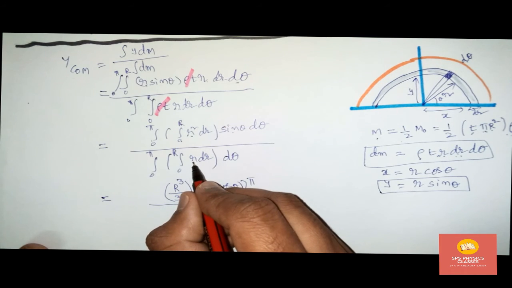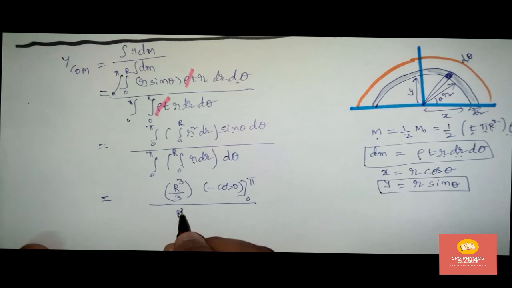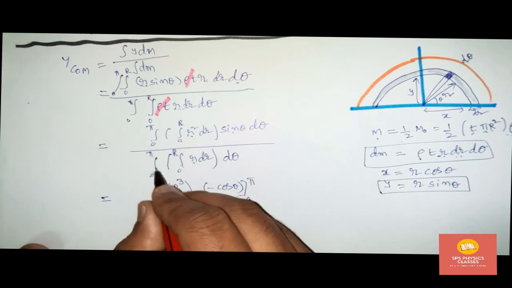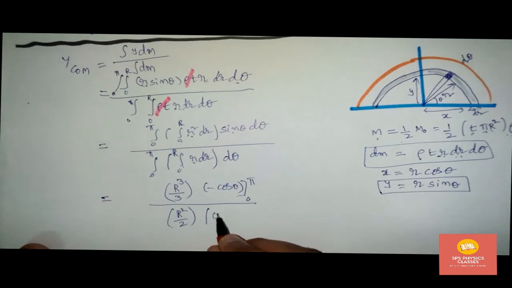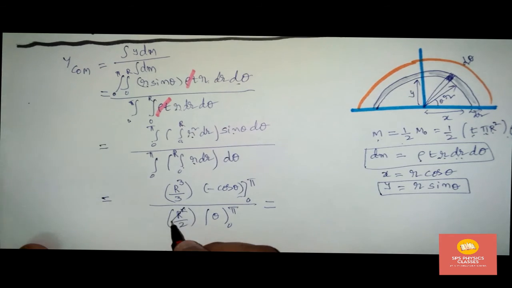In the denominator we have only r dr, and upon integration we have r square by 2. The integration of d theta from 0 to pi gives theta, so 0 to pi. Hence r cube and r square partly cancel.